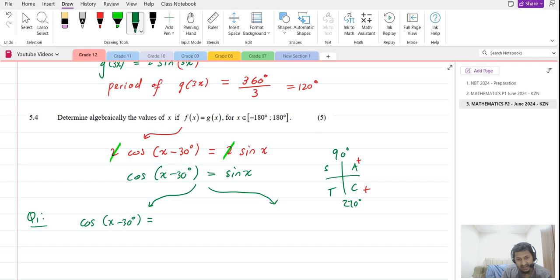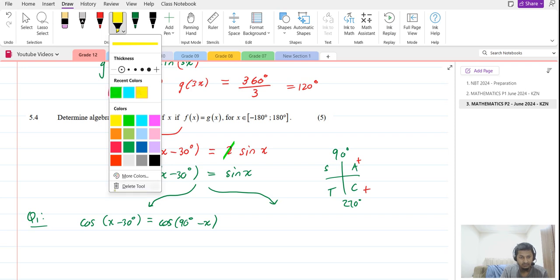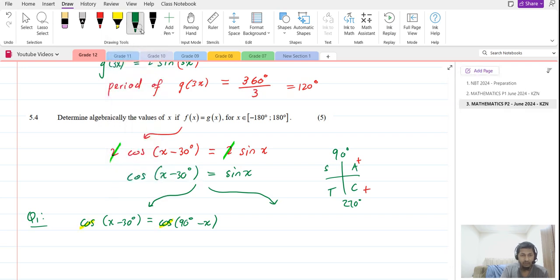Sin x, we're going to change to cos of 90 minus x. Isn't cos of 90 minus x is sin x? Yes, it is. So now we can drop the cos on both sides. And when you drop it off like this, you need to add the K360 on the other side. x minus 30 degrees is equal to 90 degrees minus x plus K360.